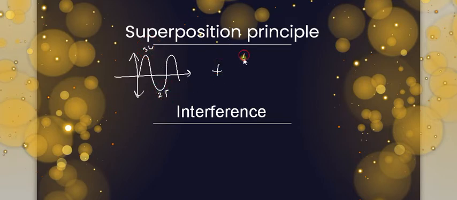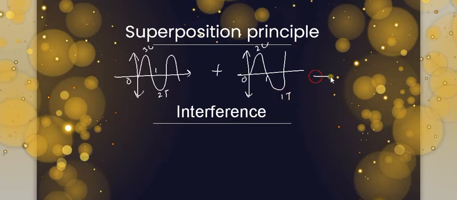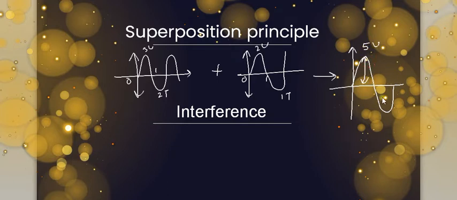And if we superimpose another wave traveling in the same position, in the time period 0 to 1 second, again 2 units crest and 1 unit trough, now the resultant wave in the same time interval 0 to 1 second will have 5 units of amplitude of crest, and in trough you will have 3 units.